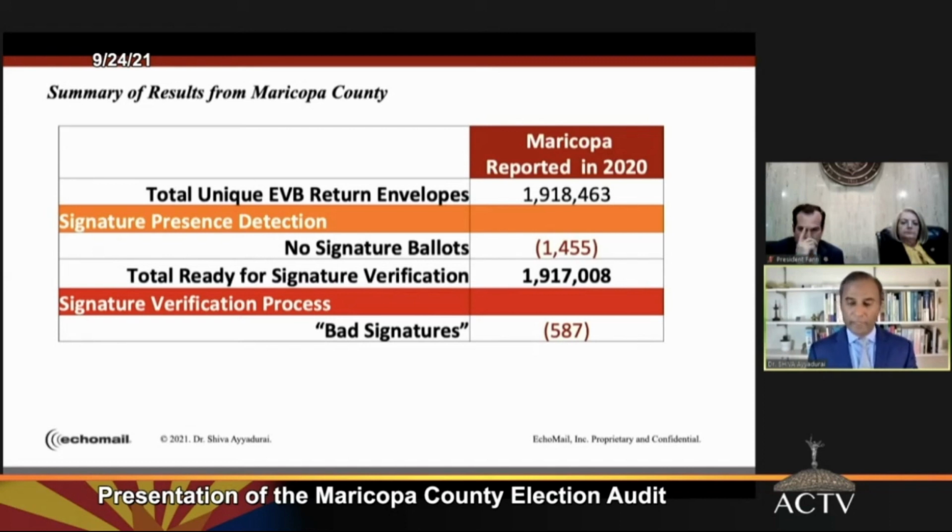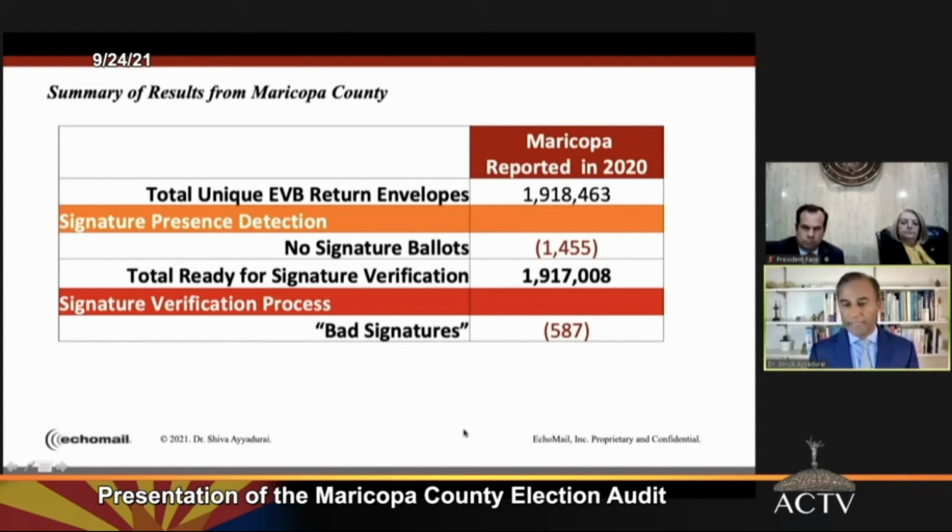But according to that, out of the entire lot of 1,918,463, 587, after this verification process where someone looks at the signature and they look at the voter registration signatures, and they're doing typically what's called a 27-point analysis.